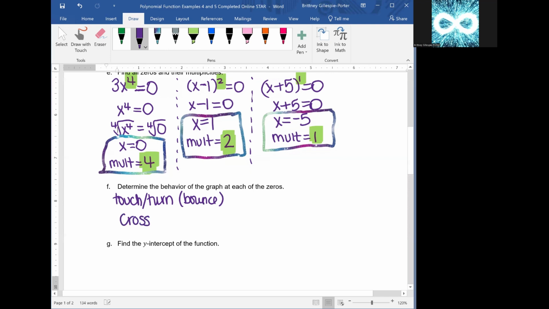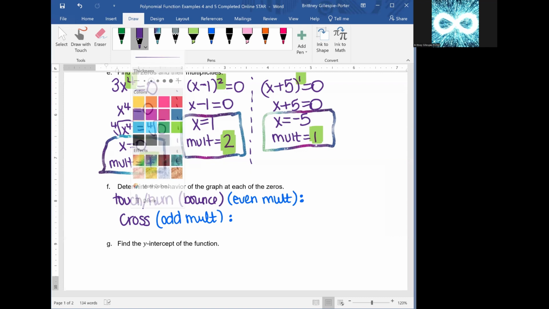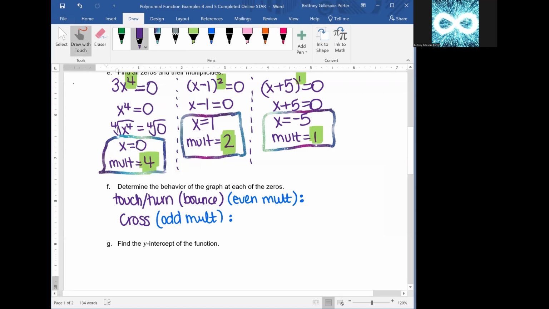You touch and turn if you have even multiplicity. We cross when we have odd multiplicity. Okay? So we touch and turn and we cross. With these multiplicities, we're going to use them to put them into the categories, but make sure you pay attention to the x values.